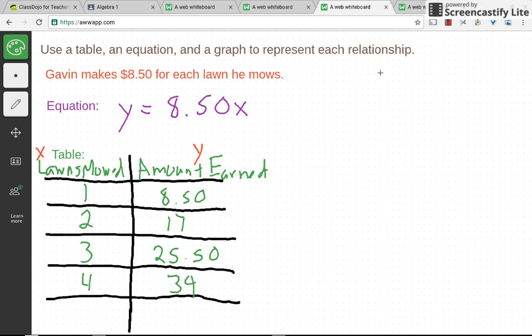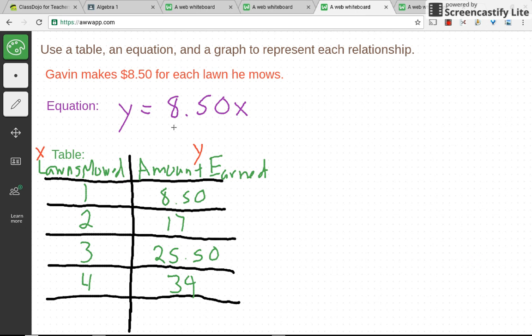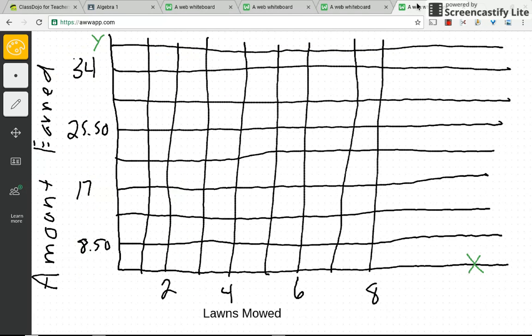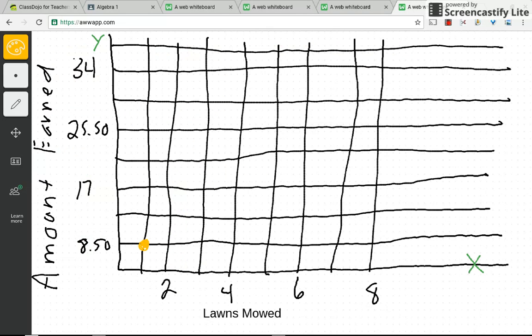So when I get a graph, my beautiful graph right here, I can put these coordinates in. X is 1, Y is 8.50. So over 1, up 8.50, there's my first point. When X is equal to 2, Y is 17. So X is over 2, Y is 17 right there.